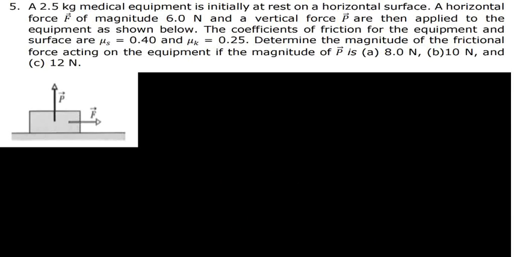The coefficients of friction for the equipment and the surface are mu s equal to 0.4 and mu k equal to 0.25. Determine the magnitude of the friction force acting on the equipment if the magnitude of P is part A 8 newtons, B 10 newtons, and C 12 newtons.